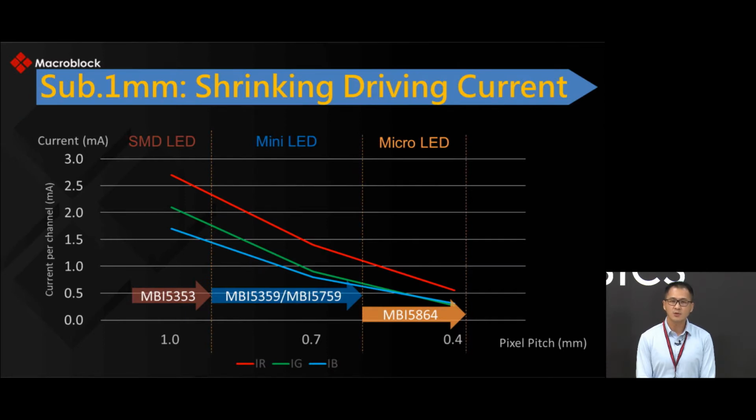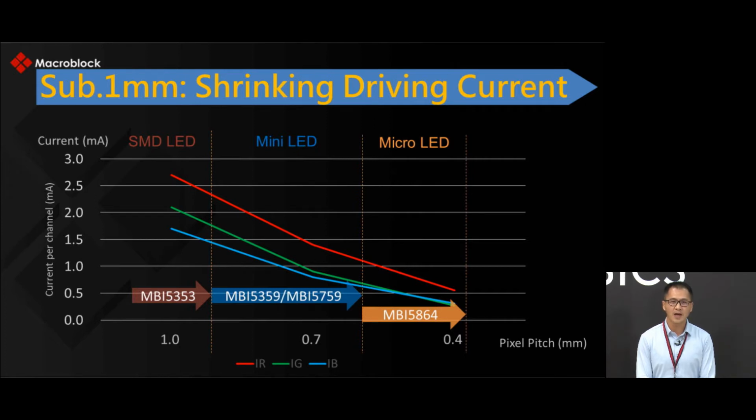There's a chart to show the relation between pixel pitch and LED current. Here, we can realize that when pixel pitch becomes narrower, it requires smaller LED current. So, the LED driver must have excellent small current accuracy to fulfill extremely small current applications, especially when pixel pitch is less than 1 millimeter.